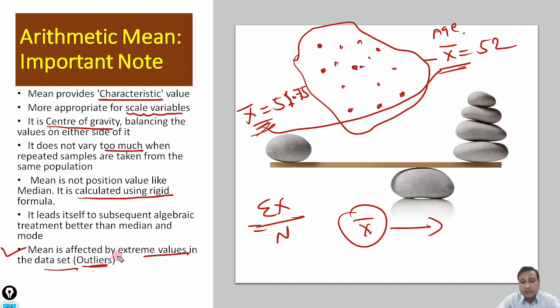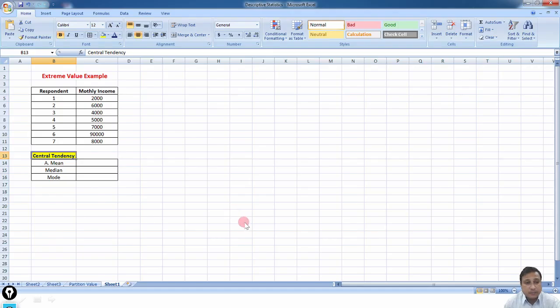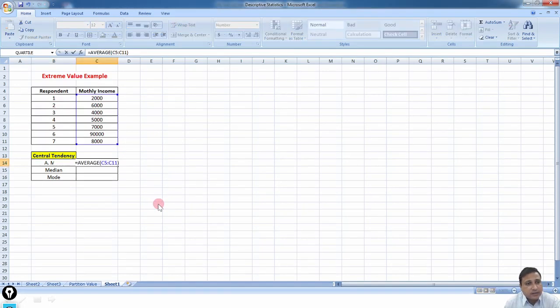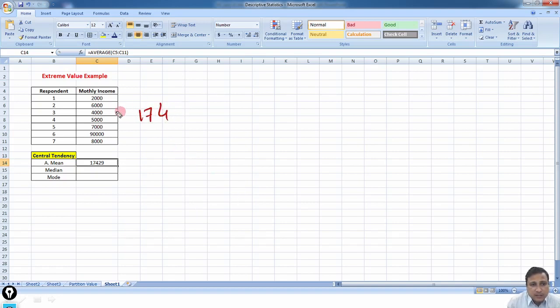Outliers. What does that mean? Let's see with one example. Suppose here is the data of monthly income, and here are the respondents. Seven respondents are there. Now if I compute the mean using the average function or formula, then what is my mean? My arithmetic mean is 17,429. Then how to interpret this? I can simply say that the average monthly income of my respondents is 17,429 rupees.